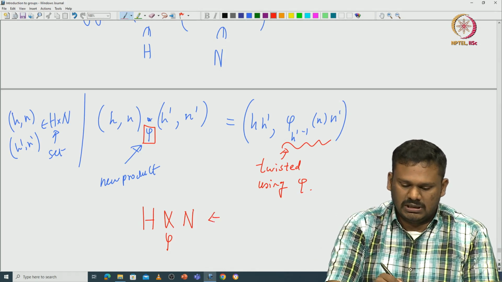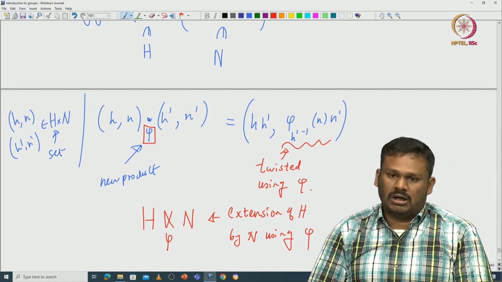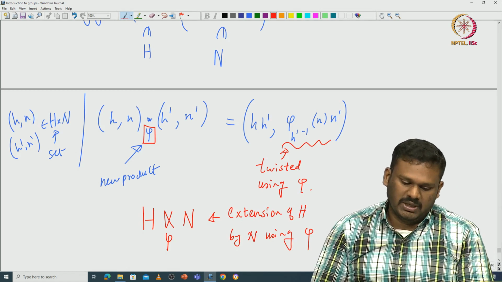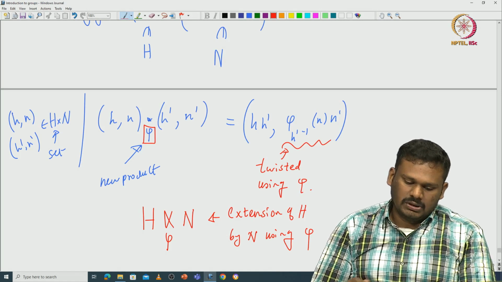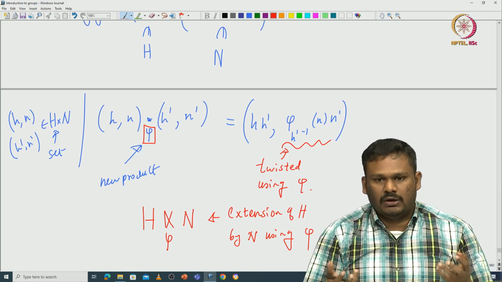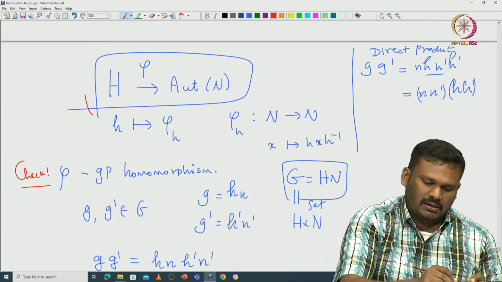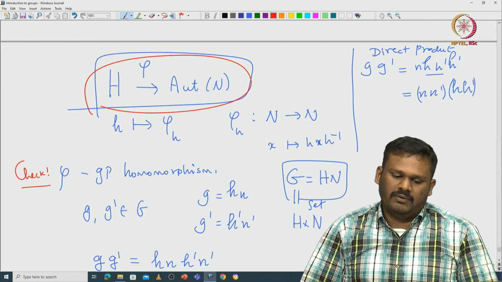So this is either called extension of H by N using this automorphism phi or the semi-direct product of H by N. Okay, so this is the way you construct a new group using two given groups and this extra information phi, which is a map from H to automorphism of N.